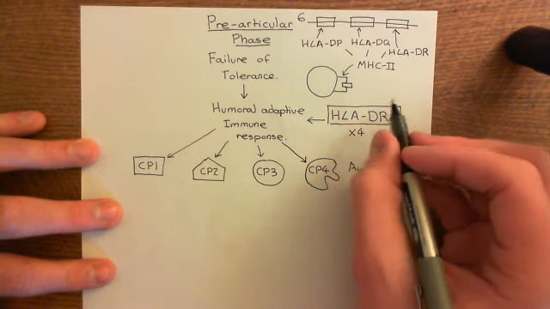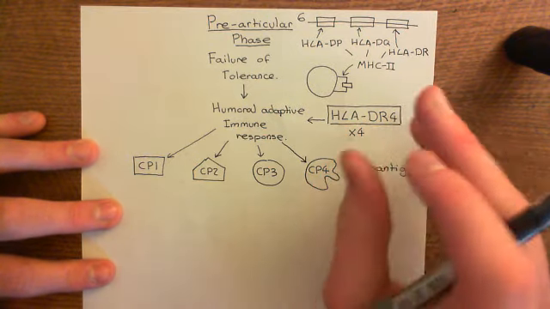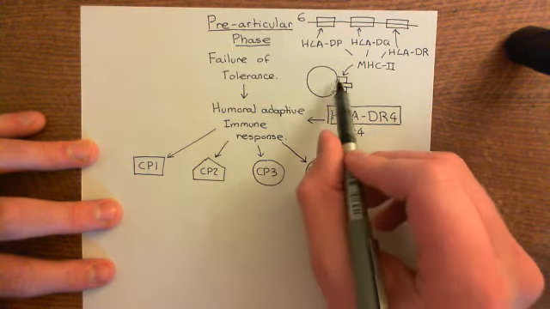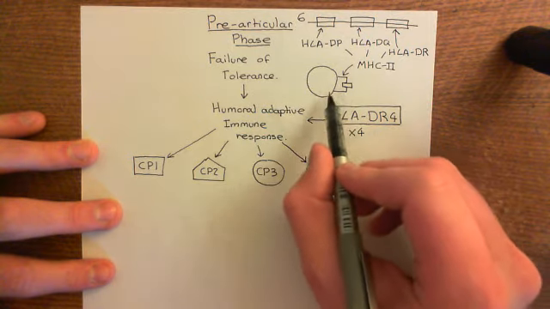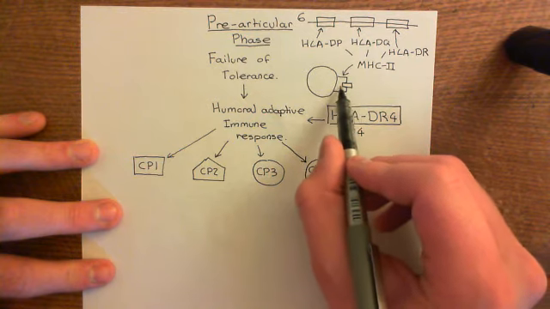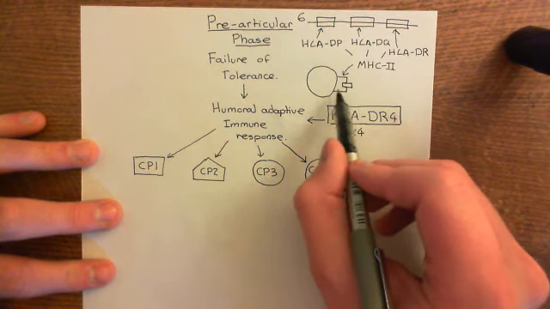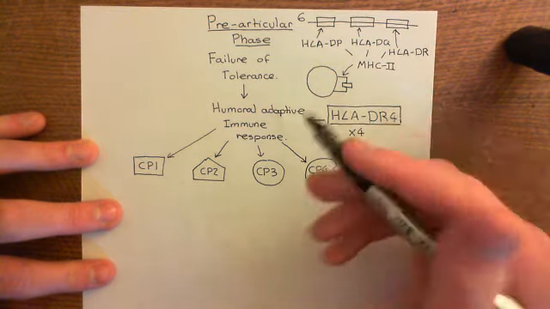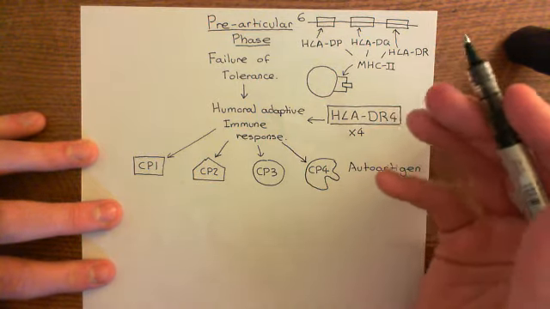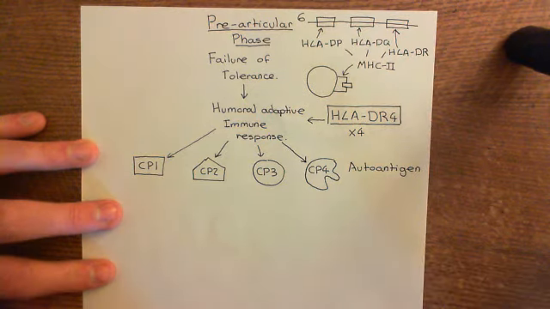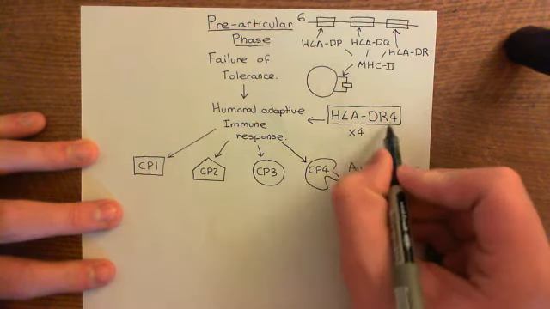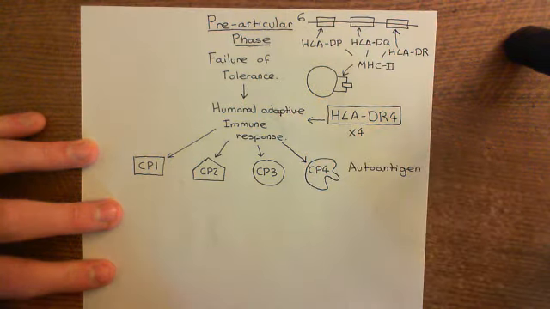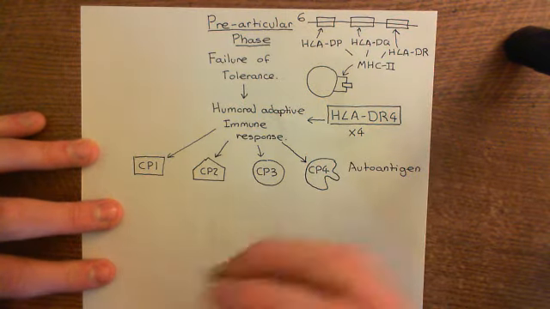And the reason may well be, although this is pure speculation, that HLA-DR4 is particularly good at presenting antigen fragments which have citrulline in, maybe. But this is of course all speculation and still controversial. HLA-DR4 being 4 times more likely to get rheumatoid arthritis is an empirical fact, basically.